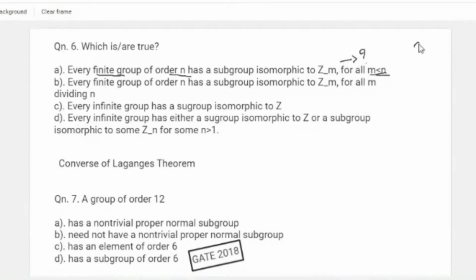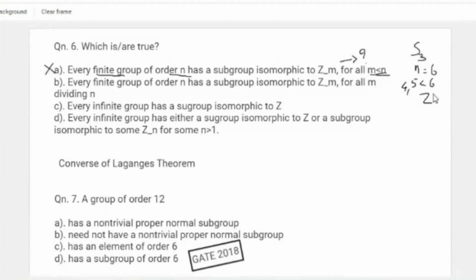Even in abelian groups you can see the situation. For example, the order n is 6. 5 is a number less than 6, 4 is a number less than 6. You cannot find subgroups of order 4 or 5 in Z6. So there is no subgroup isomorphic to Z4 or Z5. So this is not true even if the group is abelian.